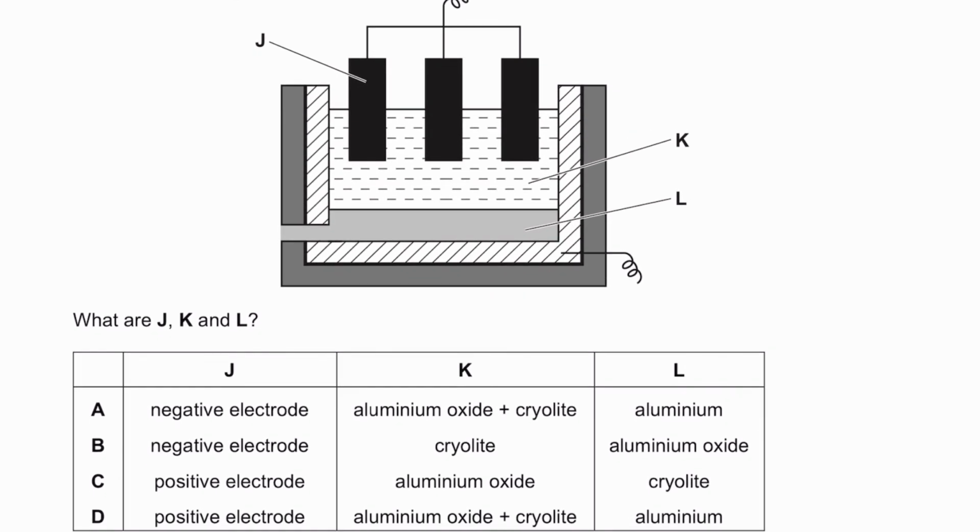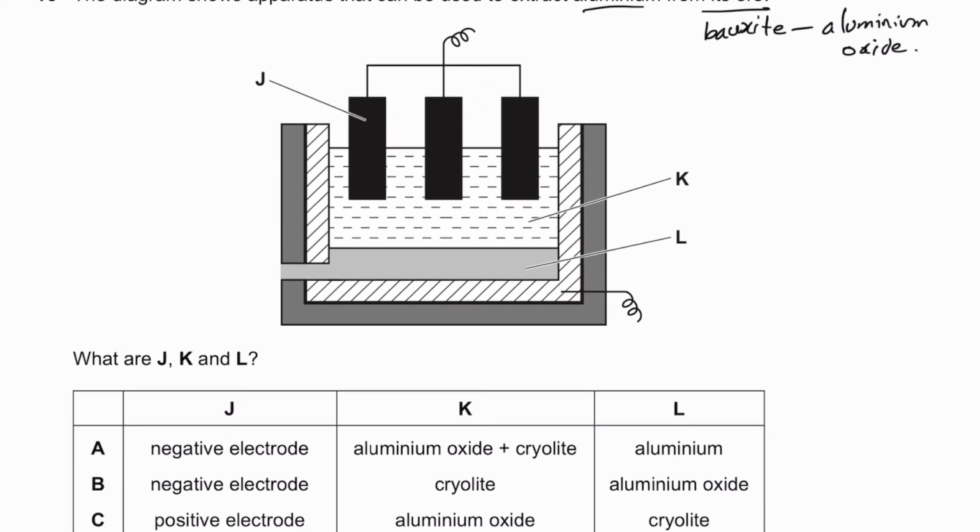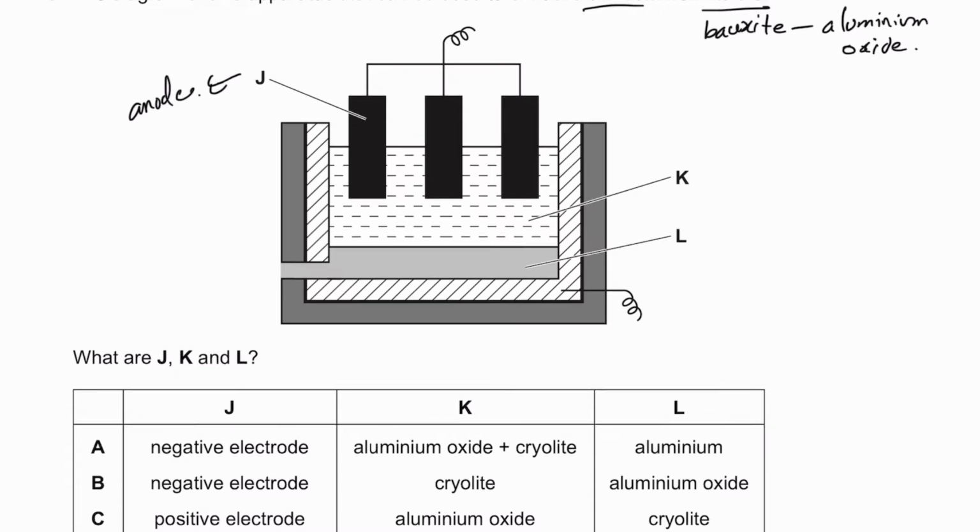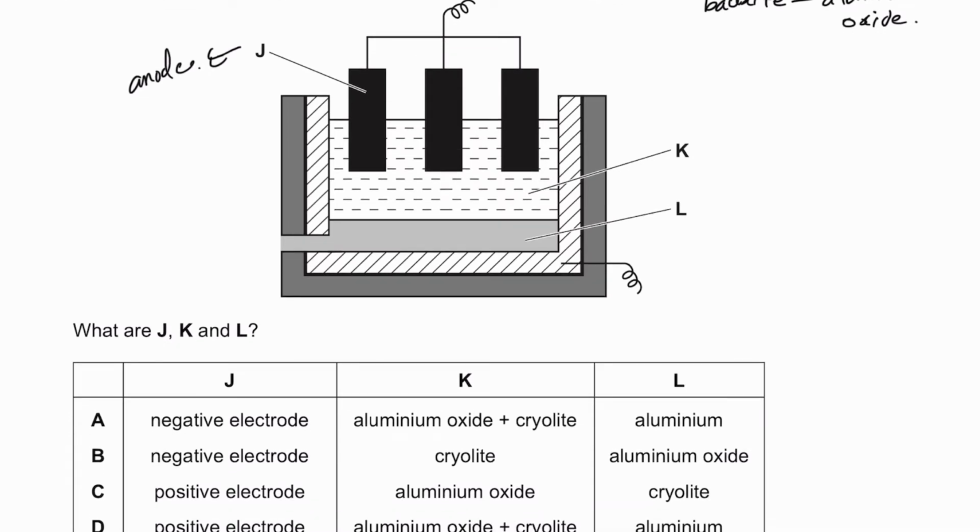The diagram shows apparatus that can be used to extract aluminum from its ore, which is bauxite, or aluminium oxide. Okay, what is J, K, and L? So J is going to be the anode, the positive electrode, because the negative ions are going to go there.